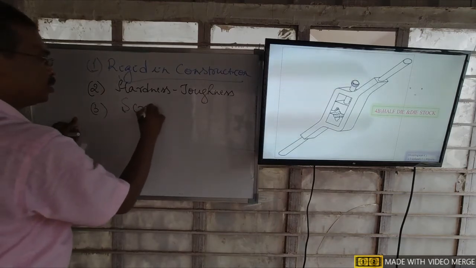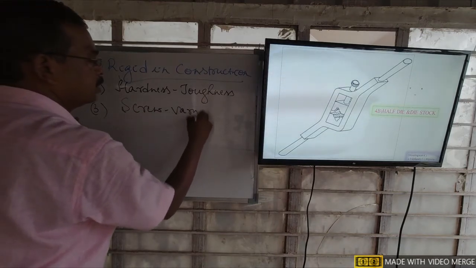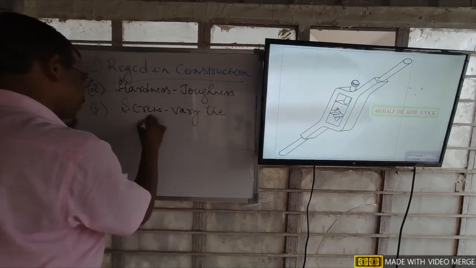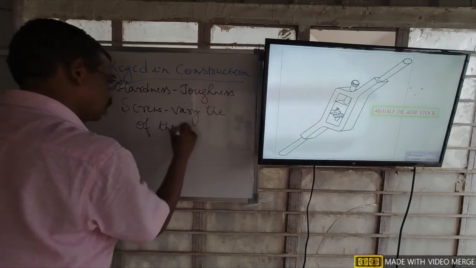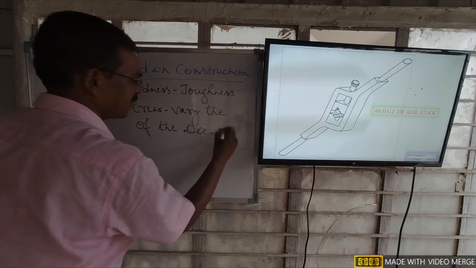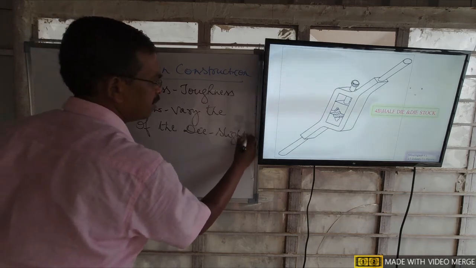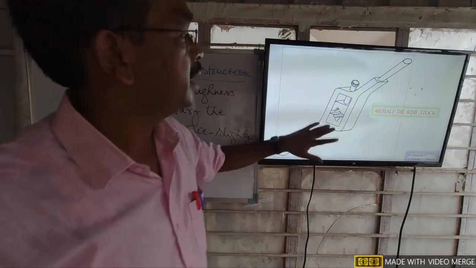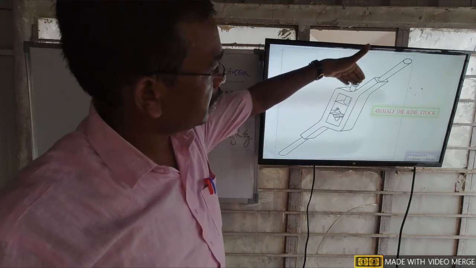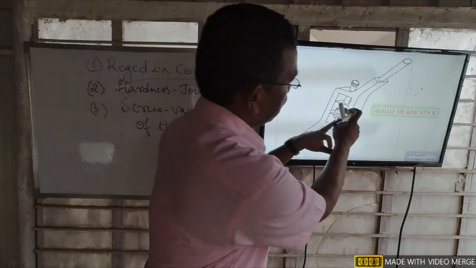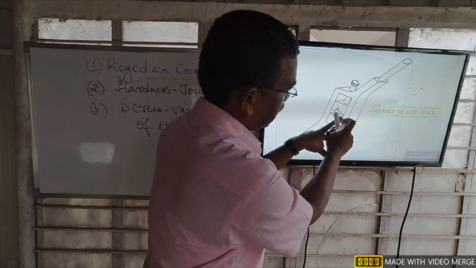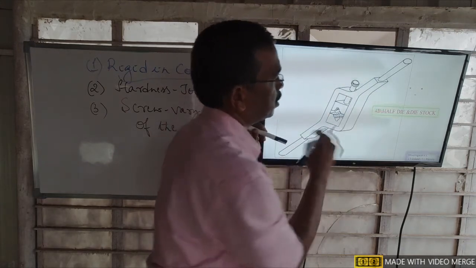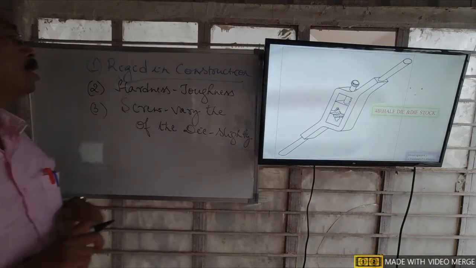That screw is used to vary the size of the die slightly. A very small amount of variation can be done. See here, we can easily move the die towards this permanent die or away from this half die. So this is about our half die.